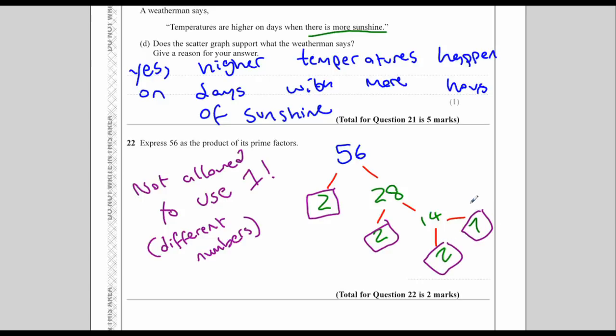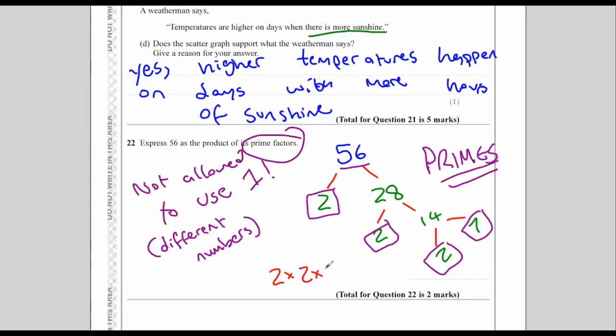The answer is no. And the reason is because those ones in the square are primes. Okay? They're factors of 56 and they're primes. So they're prime factors. So we've got 2 times 2 times 2 times 7 gives you 56. And if you want to really show off, 2 times 2 times 2 can be written as 2 cubed times by 7. That's your answer.